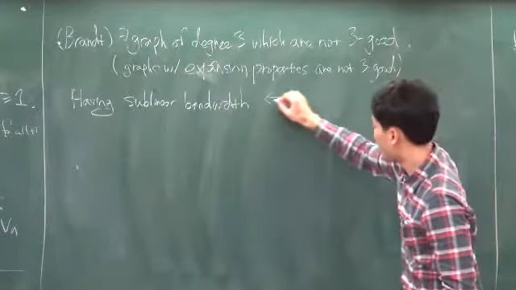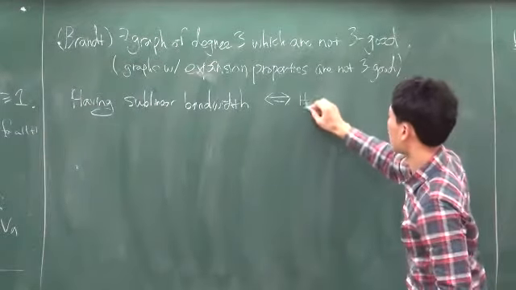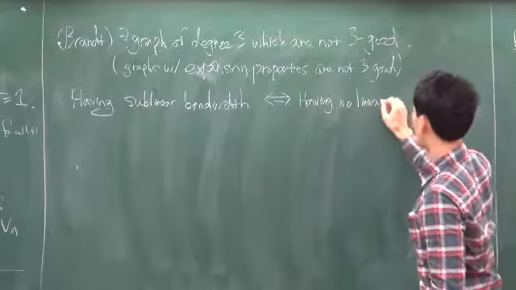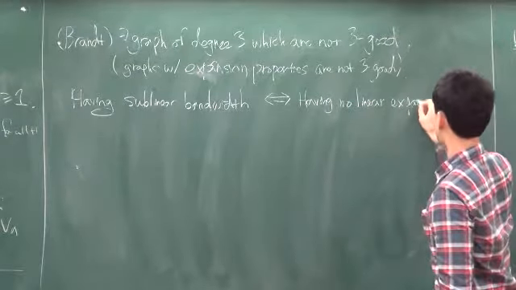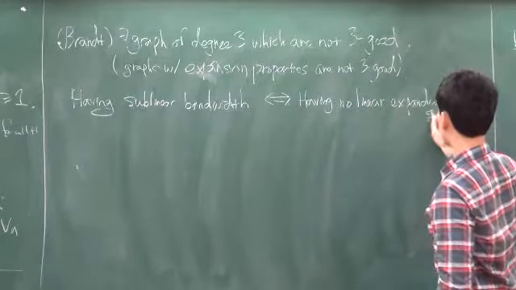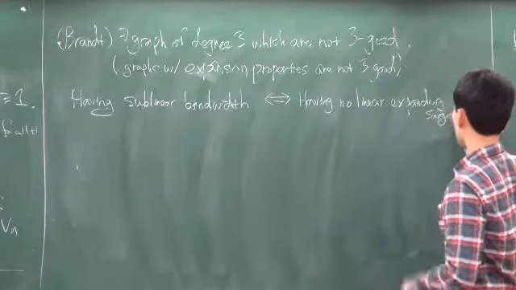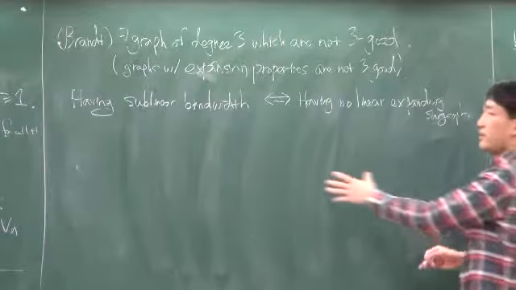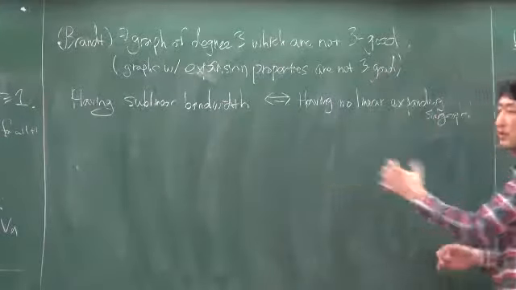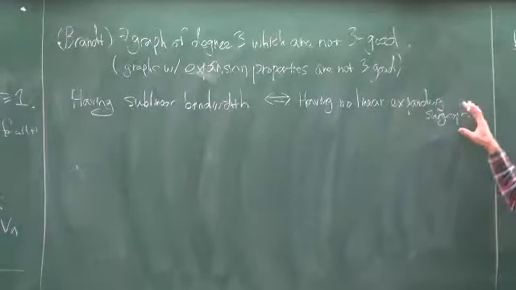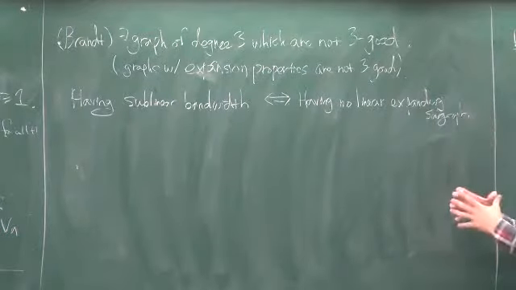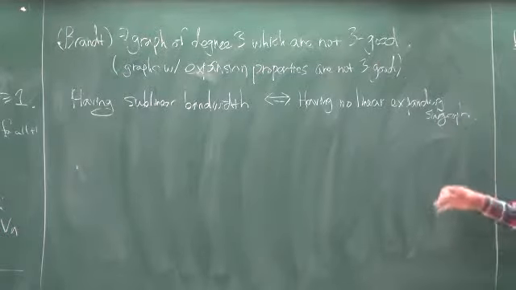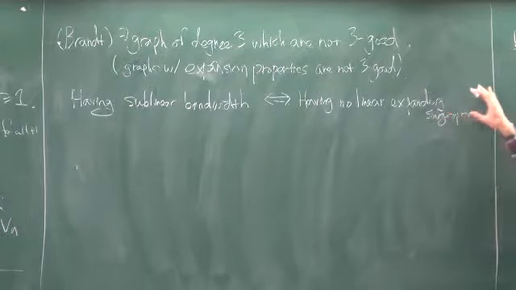So this is equivalent to having no linear expanding subgraph. I didn't quantitatively state this theorem, but people understand that if you have small bandwidth, then the graph is very far from being an expander graph. Not only is the graph itself not an expander, also its subgraphs. We don't have subgraphs which are expanding subgraphs.